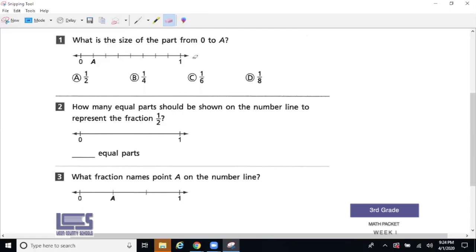split into eighths. So we're going to take this a step further, and we're going to actually label our number line.